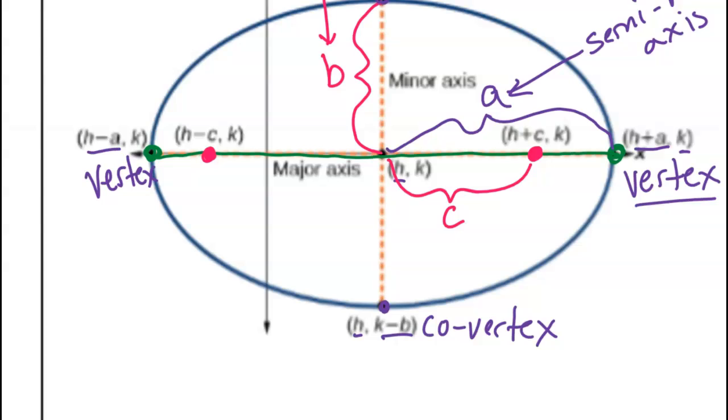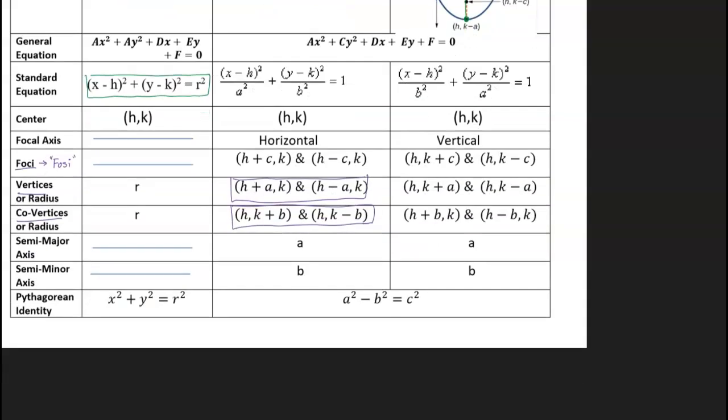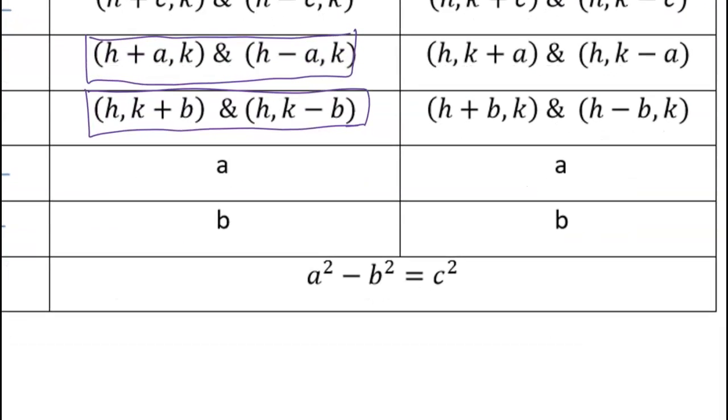To find the length of c, because sometimes they won't give it to you, though most times they will, we need to use this formula down here. If we take the semi-major axis squared and subtract the semi-minor axis squared, we get the c length squared. So to solve, we're just doing the square root of a squared minus b squared.